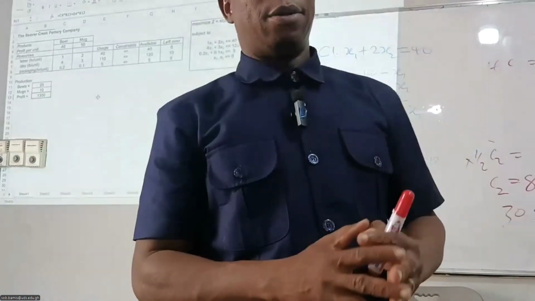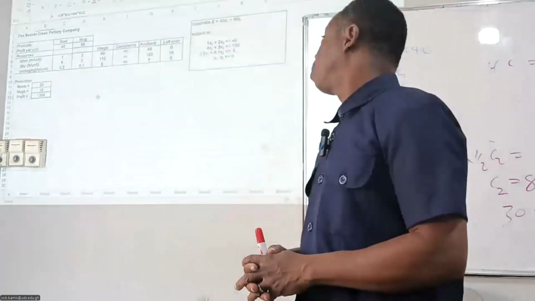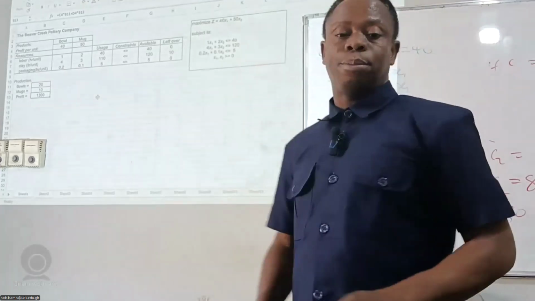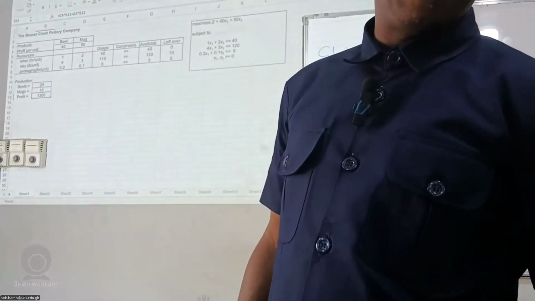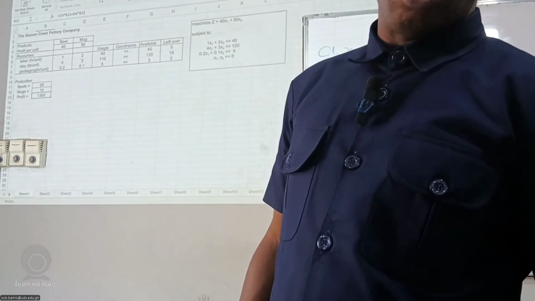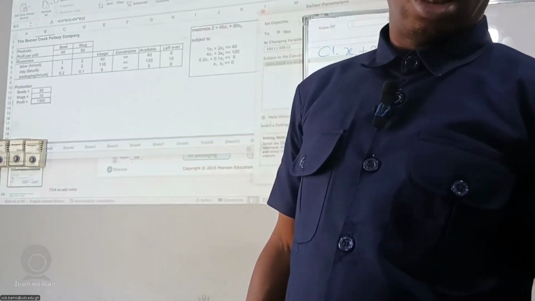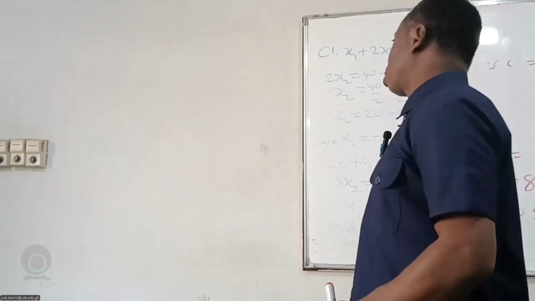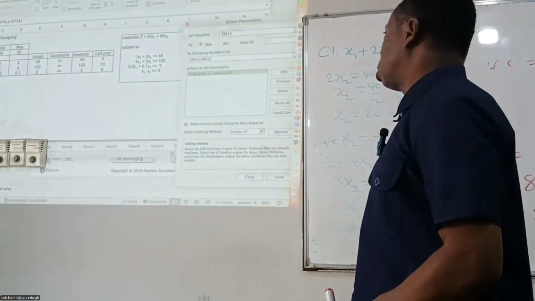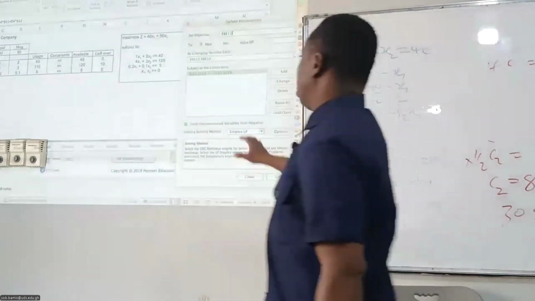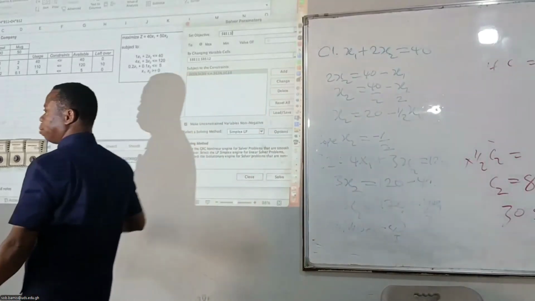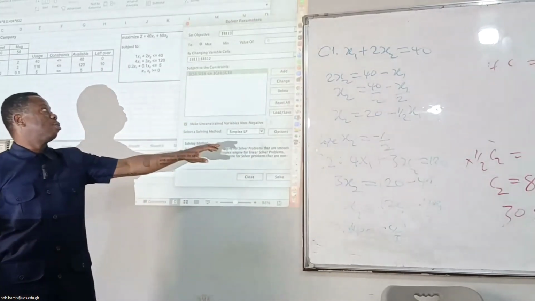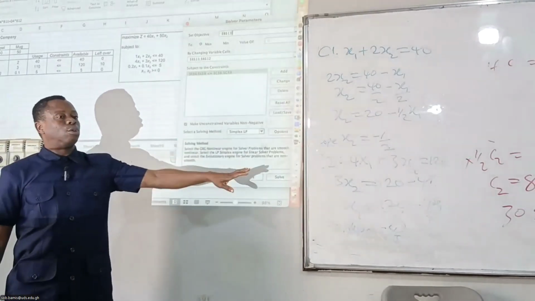Now, this is the Excel sheet for that, properly set up. So go to your data and click on your solver. This interface will now show up. Yes, this is the interface that comes. If you continue and just click solve, it will be solved.